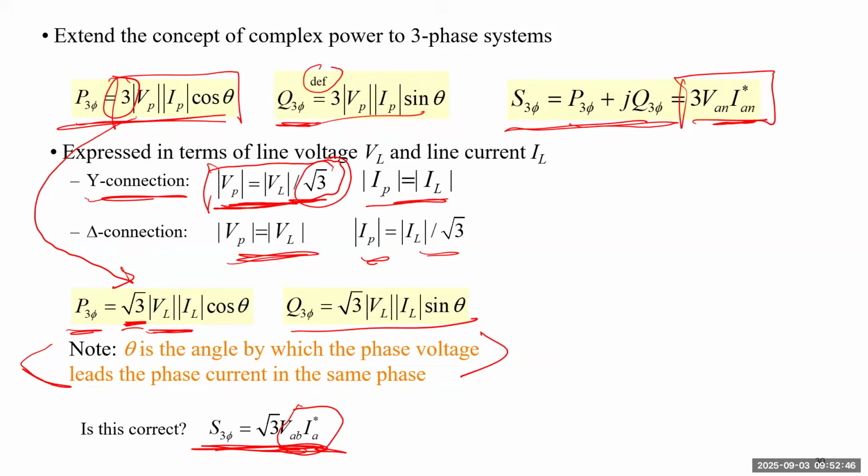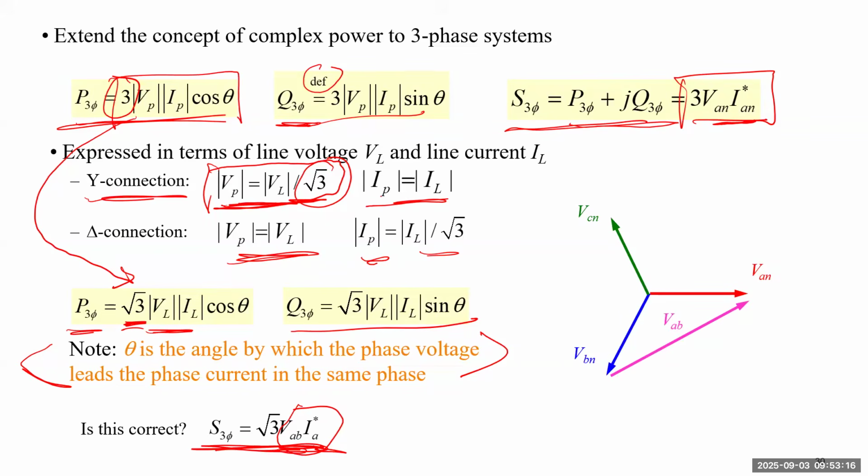You can try assuming any voltage phasors, use this formula to calculate complex power, calculate the real part and imaginary part, and combine them into the complex power, or you use the other formula. The second formula will give you the wrong answer. It can be explained using the phasor diagram. If we draw the phasors A, B, C for voltages here, we use Van as a reference.